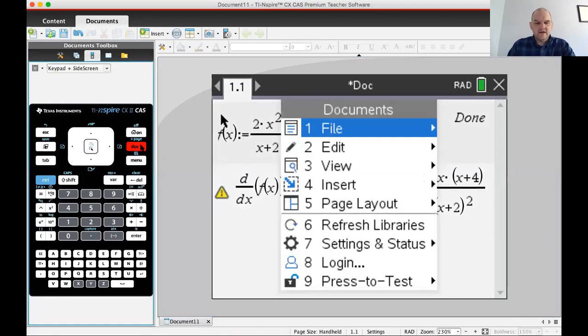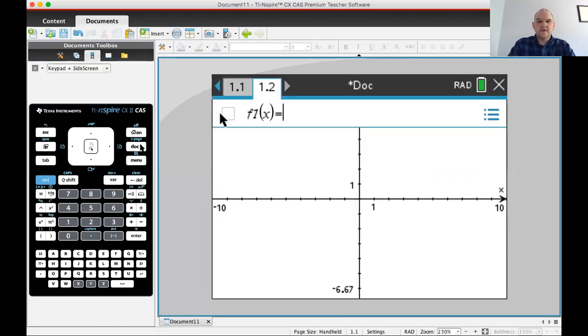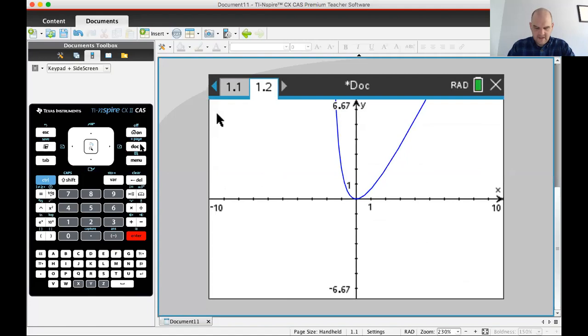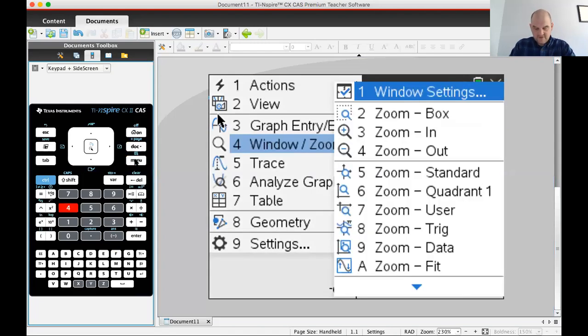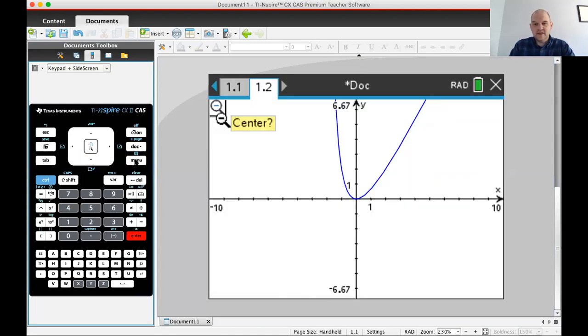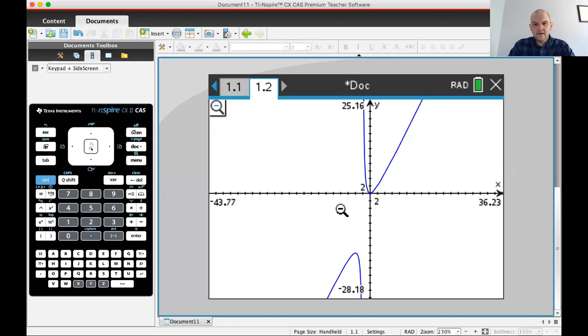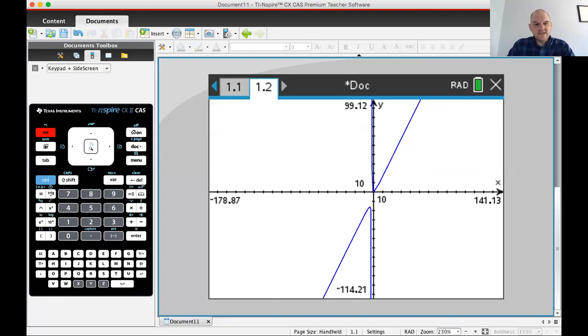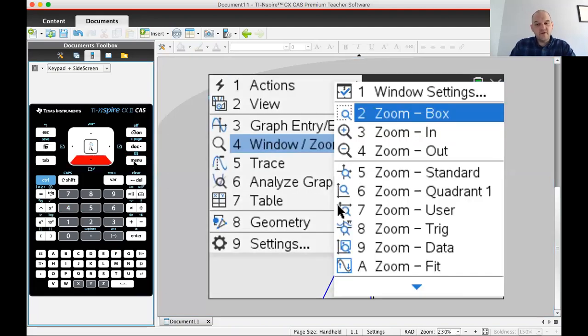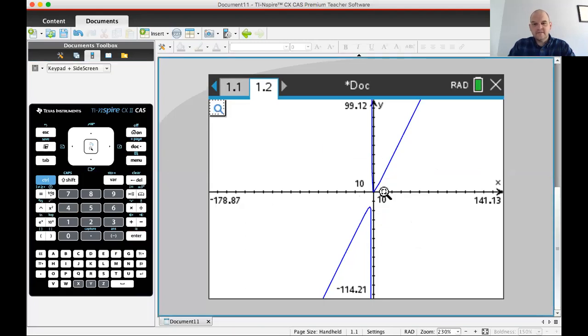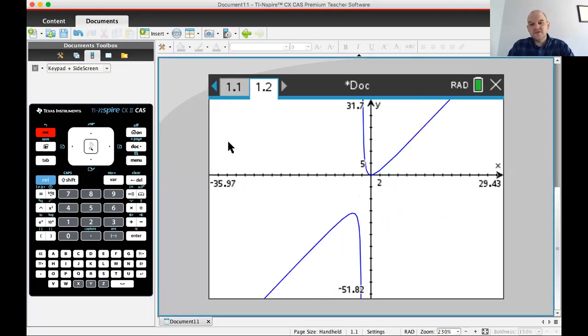So let's graph f of x. Now we know that -4 and 0 are both really important. We think that there's a relative maximum at -4, so I'm going to zoom out. Look at that. This is one of those ways in which calculus is very helpful when you're drawing graphs, because it tells you where to look, right?